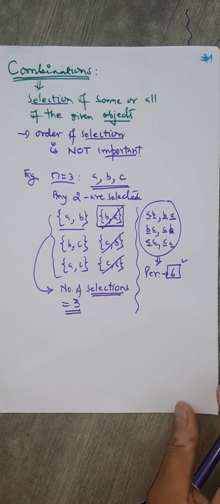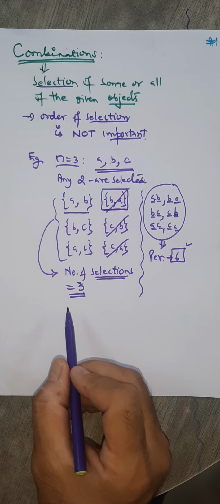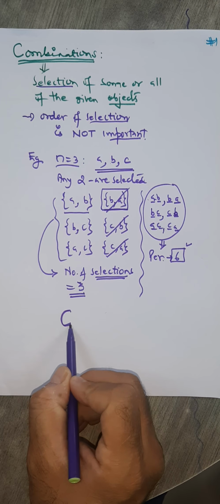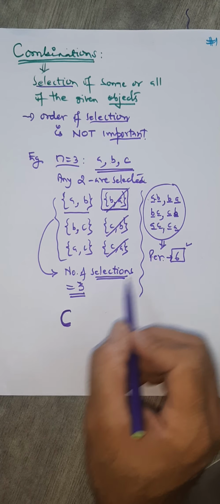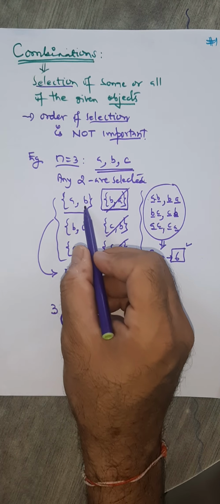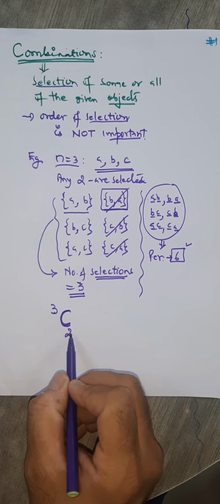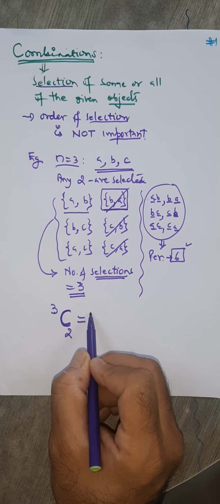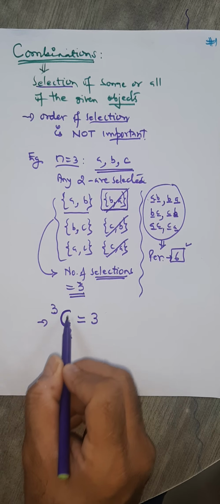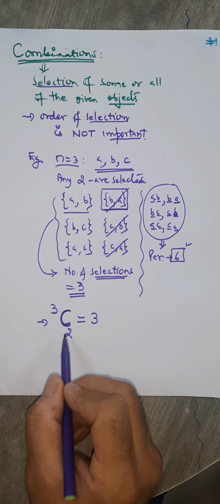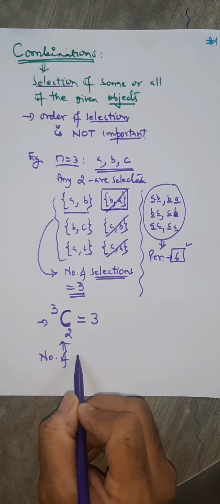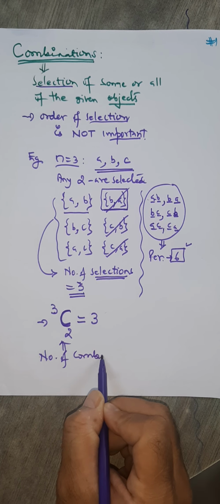Only 3 selections. Now how do we write this symbolically? Total number of objects equals 3 here. This is a symbol. There we used to write P, here C. 3 is the total number of objects, and at a time you are taking 2. 3C2 is the total number of selections, the total number of combinations.